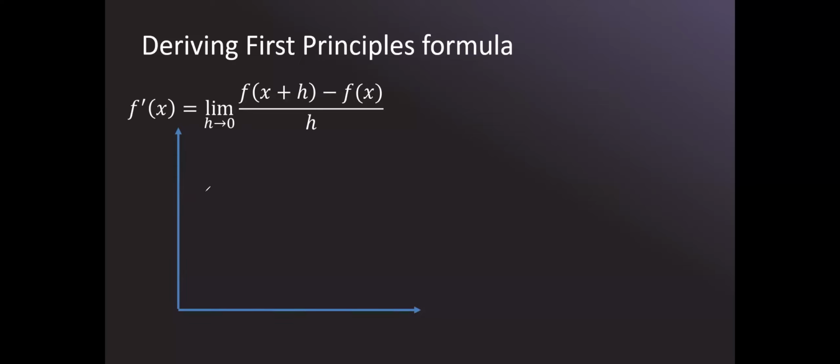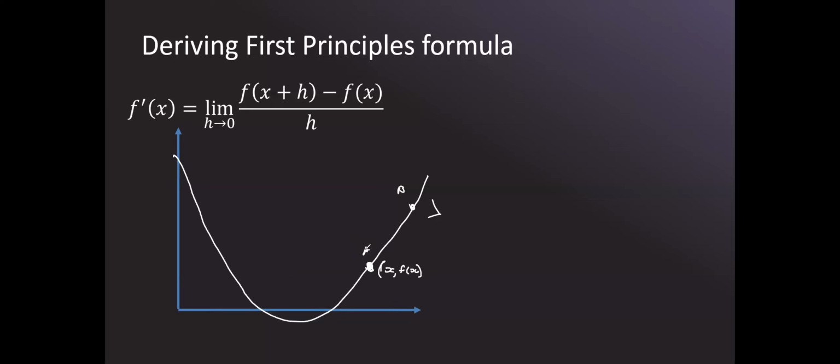Let's say we have a function. I'm going to look at these 2 points, point A and point B. The coordinates of A are x and f of x.